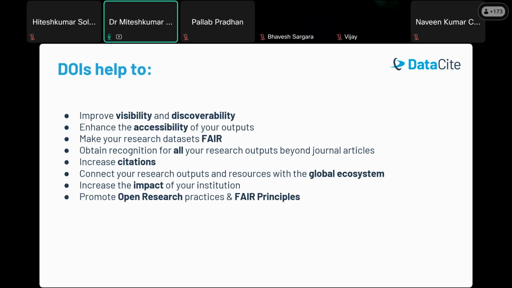Then it provides the connection between different research outputs and resources with the global ecosystem. So for example, we have the Shodhaganga. Now Shodhaganga hosts theses and dissertations.